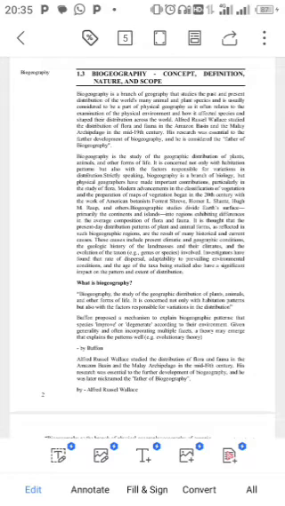Biogeography is the study of the geographic distribution of plants, animals, and other forms of life. It is concerned not only with habitation patterns but also with the factors responsible for variations in distribution. Strictly speaking, biogeography is a branch of biology, but physical geographers have made important contributions, particularly in the study of flora.